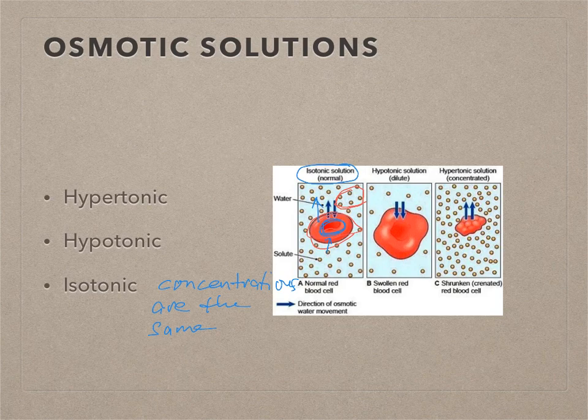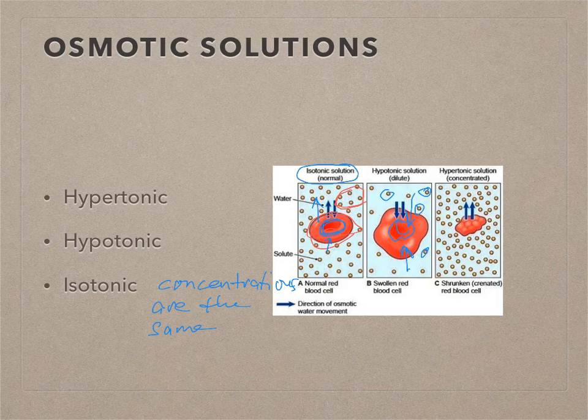In this next one, there are much fewer particles outside the cell than inside the cell. So in order to balance this out, water is going to go into the cell, not the particles, because there's already a bunch in there. And what will happen is this cell will swell up.